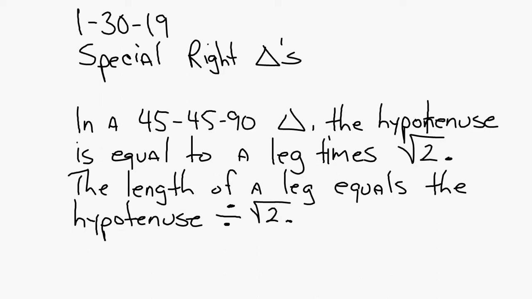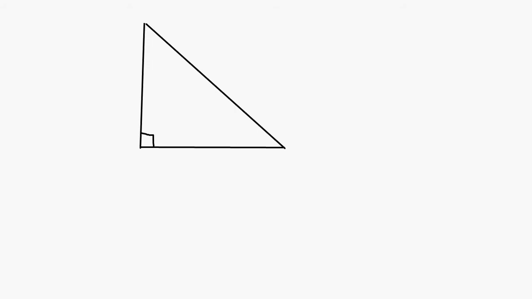So here's what it would look like in a find the length of a side picture. If you're given this picture, first of all, this is a right triangle, and you're told that the two legs are equal to each other, you need to know that both of these angles are 45 degrees.